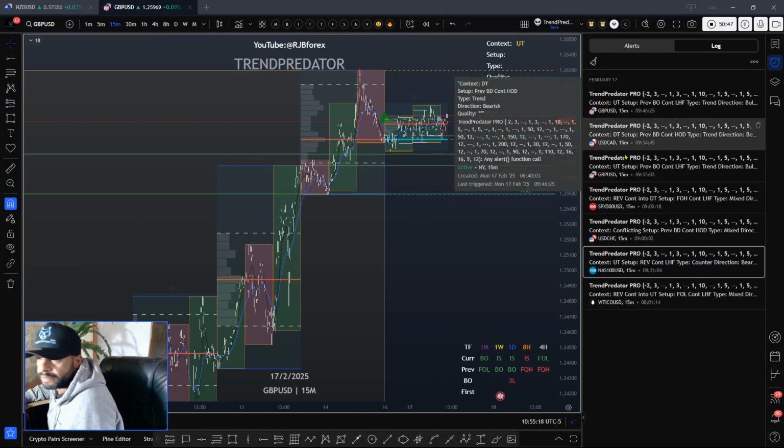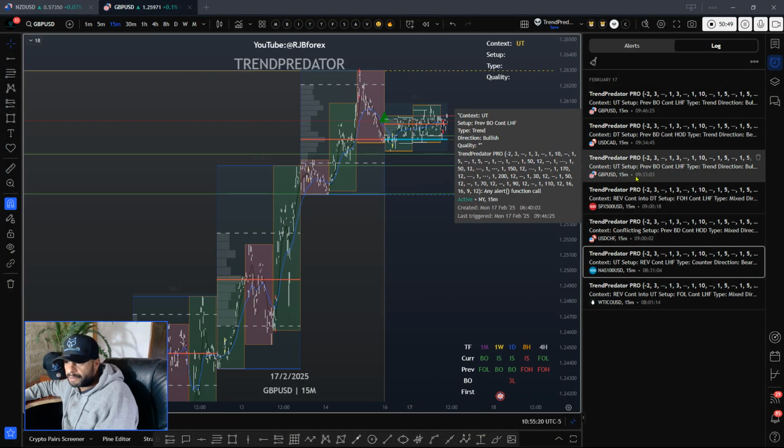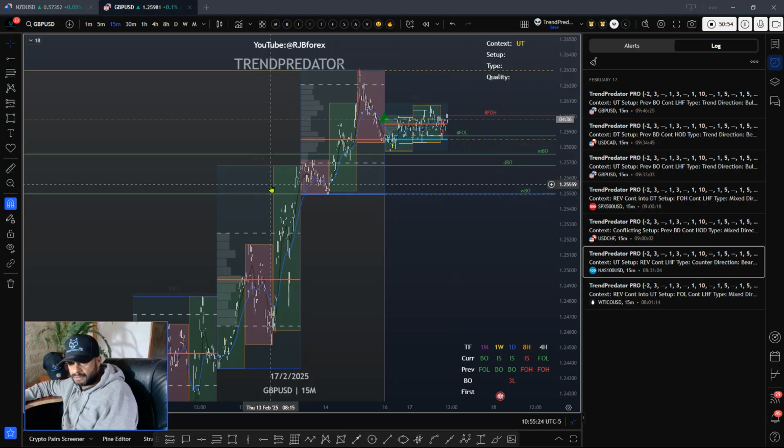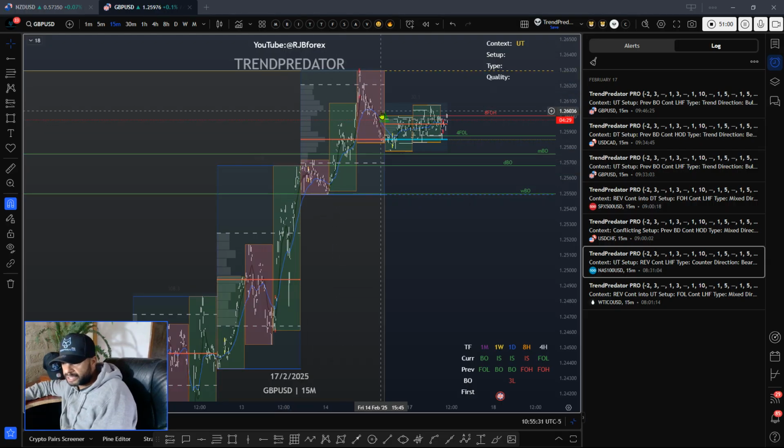Sterling dollar, TrendPredator Pro is telling us that it was an uptrend setup, previous breakouts. So the breakout of Thursday's highs, continuation trade to the upside.